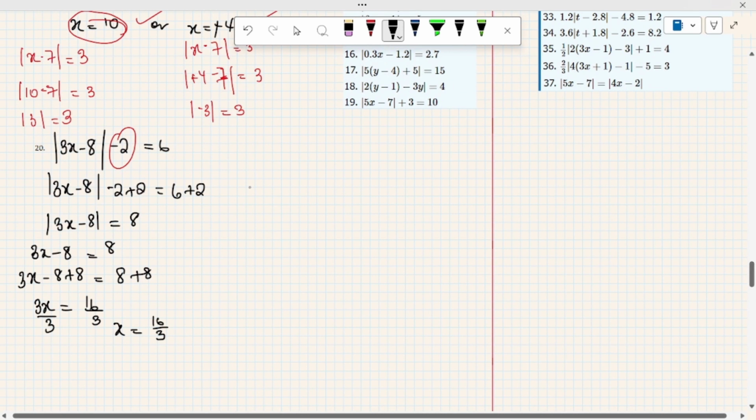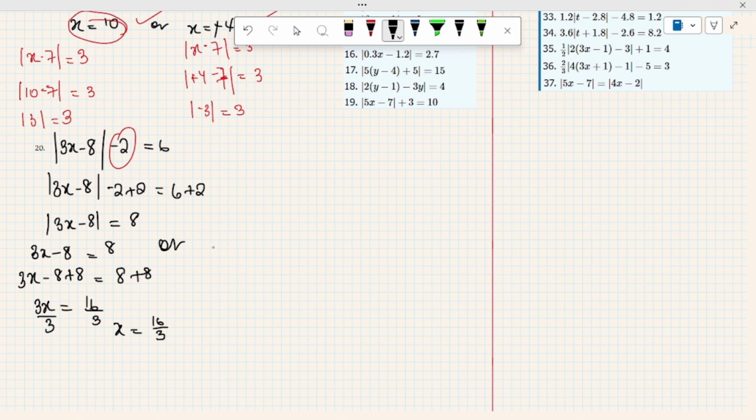And the second value of x, because we said that it needs to equal a positive number or a negative number, right? So it's going to be 3x minus 8 is equal to minus 8, right? How are you going to go about that? Again, it's going to be simple. It's going to be 3x minus 8 plus 8 is equal to minus 8 plus 8.